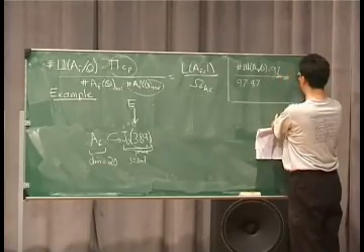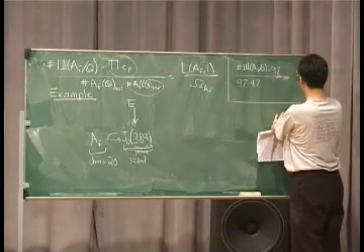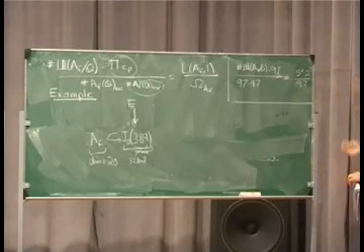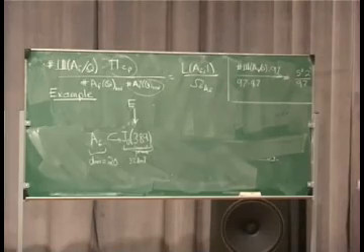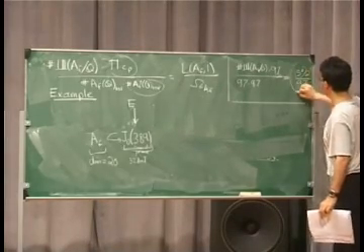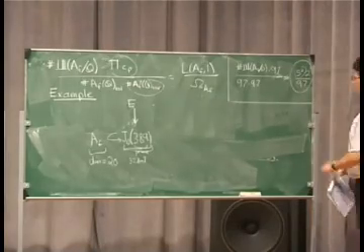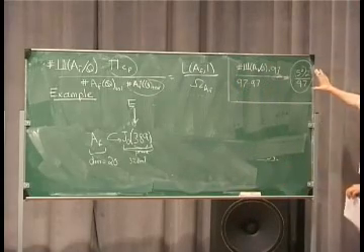So you get this, and then over here you get 5 squared times the power of 2 divided by 97. So you can guess that Sha should have order divisible by 5 squared. But you have to work harder to figure out what's going on with the Tamagawa number and so on. But you do work harder and you figure it out.